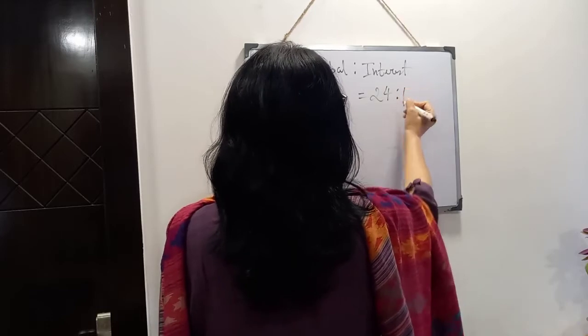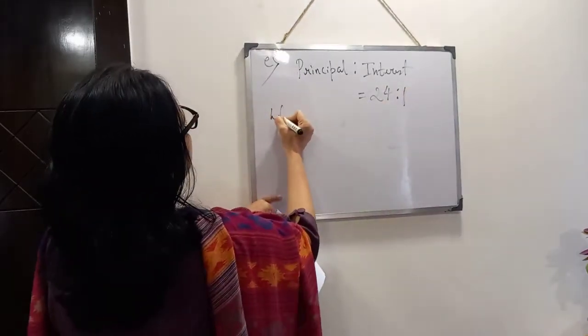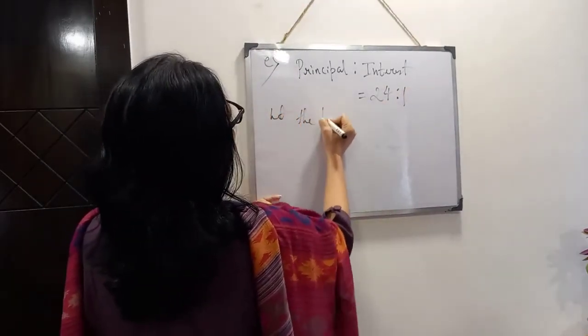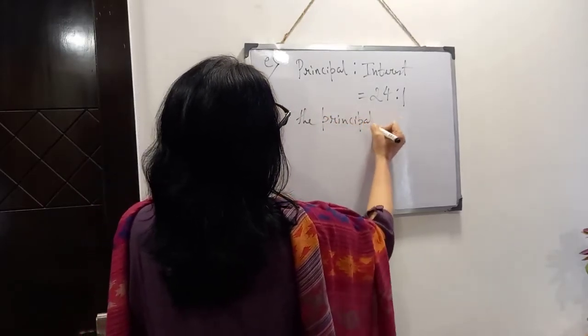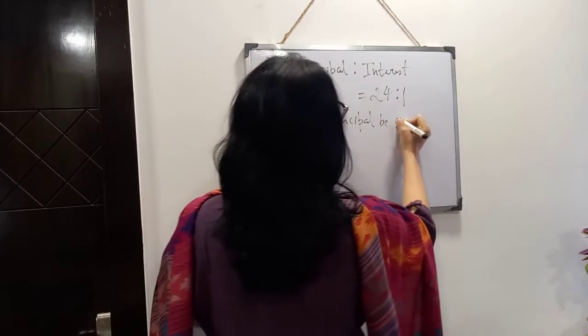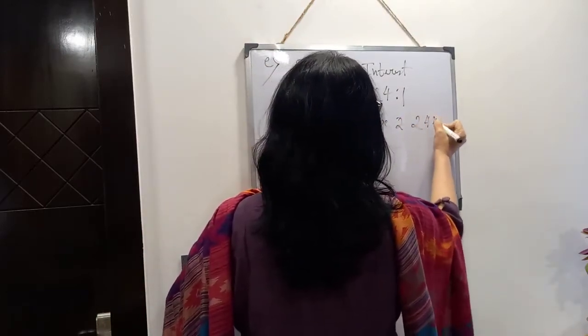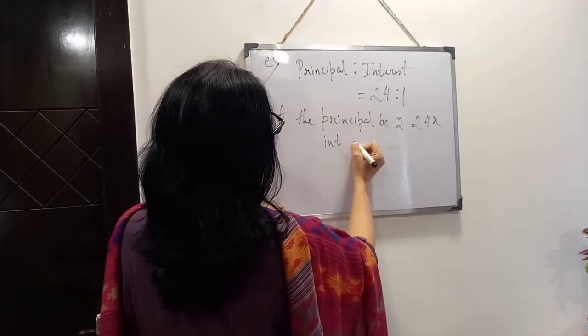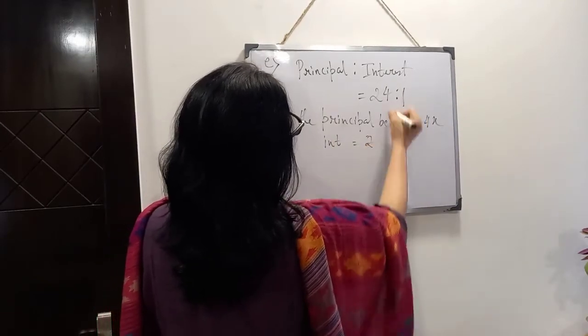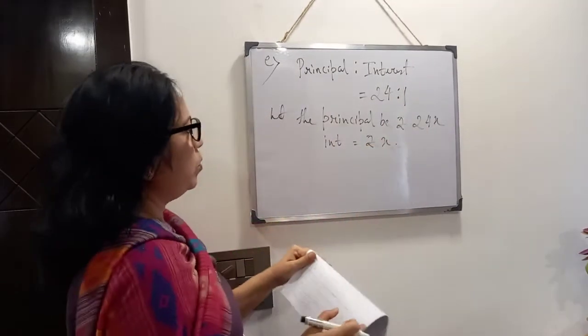Again ratio given, so we will consider let the principal be rupees 24x and interest rupees x, where x is the common multiple.